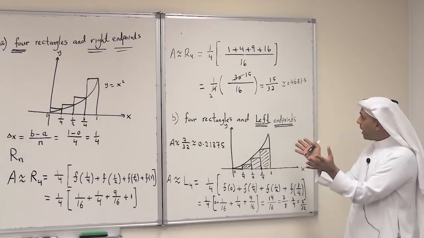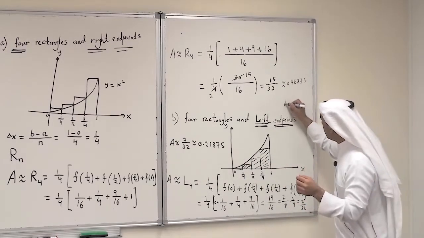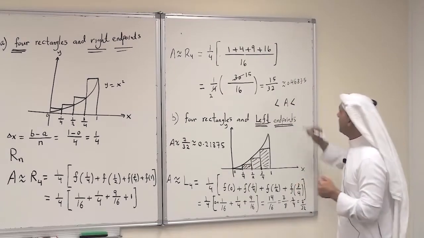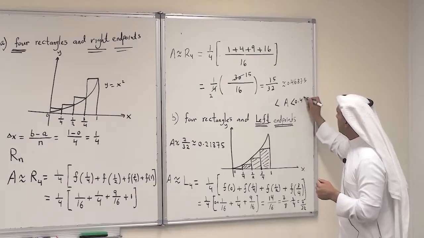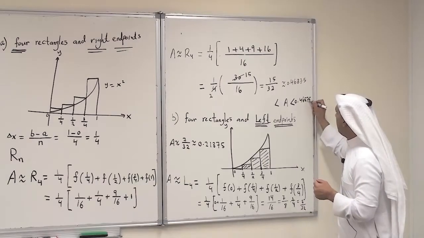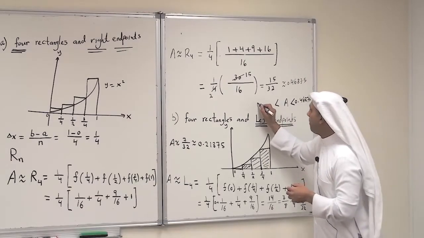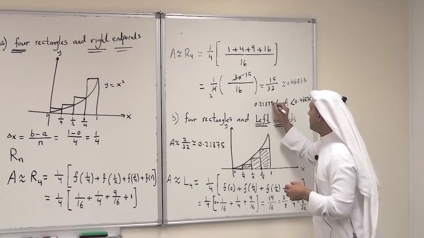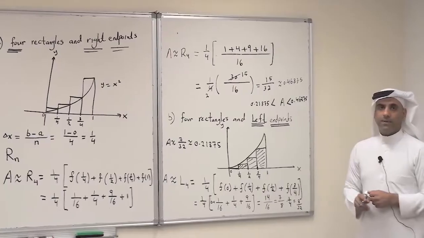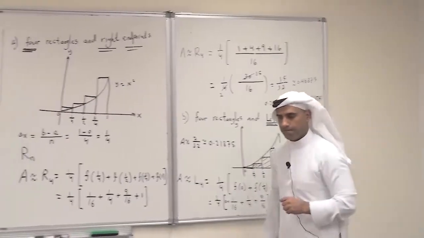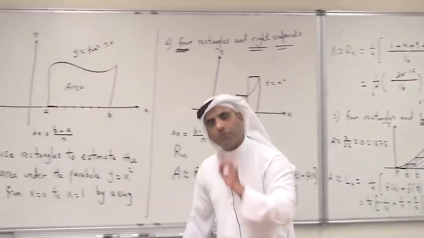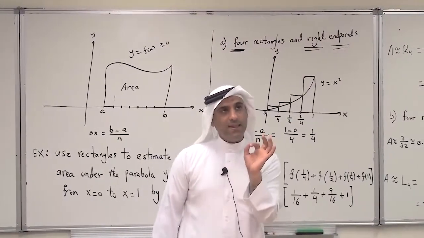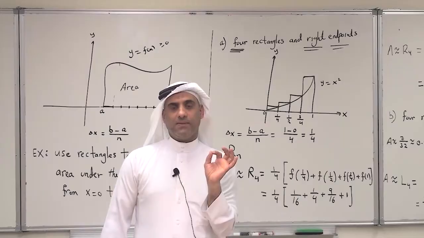So in conclusion, our exact area is supposed to be less than 0.46875 and greater than 0.21875. The question now is how to get a better approximation, and then how to reach the exact answer.